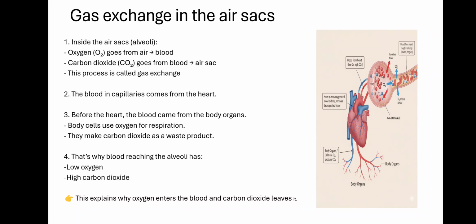Since these blood capillaries are taking all the carbon dioxide from different parts of the body, they will be rich in carbon dioxide while having a low amount of oxygen. So I hope you have got the point. The blood capillaries will have a higher amount of carbon dioxide and the alveoli will have a higher amount of oxygen. Okay.